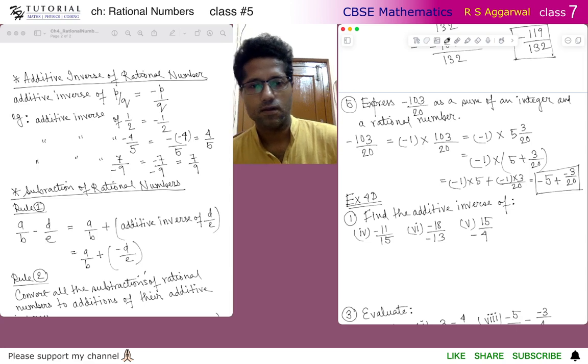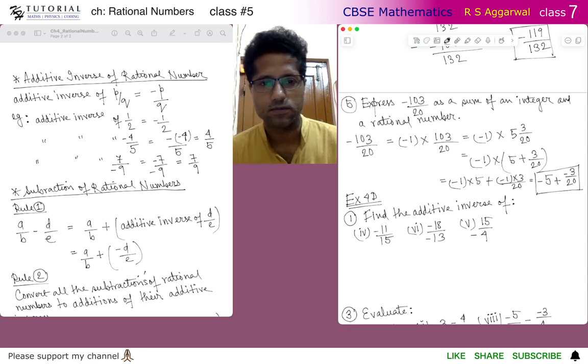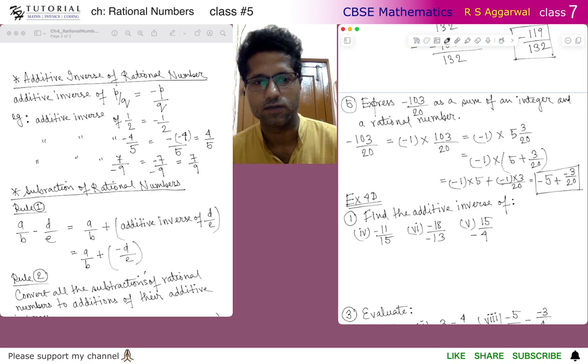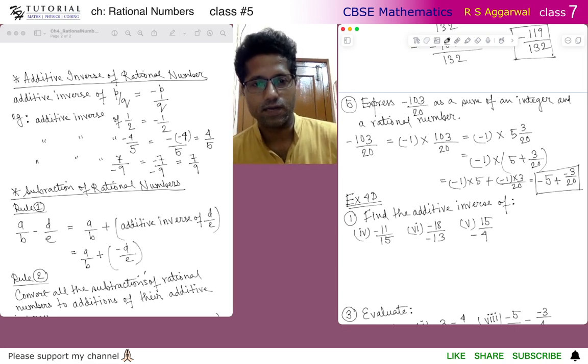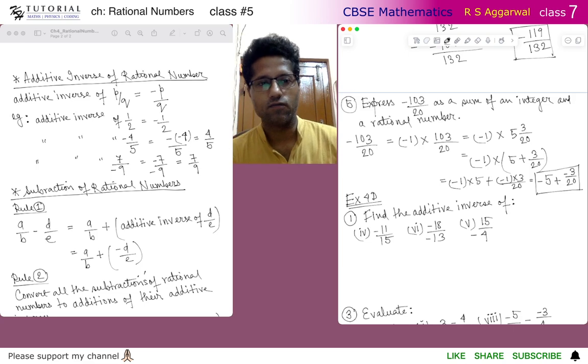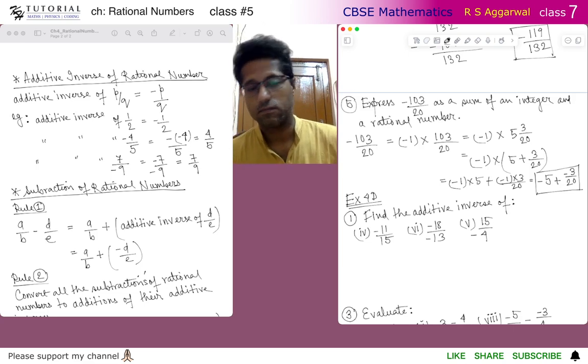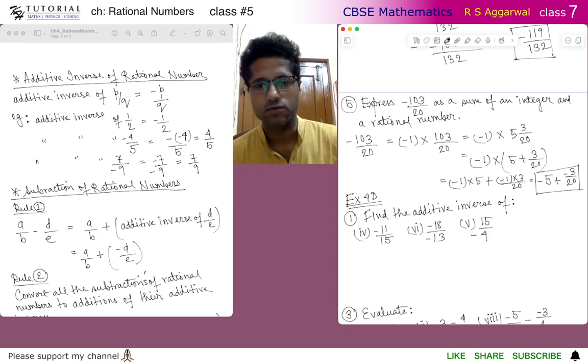For example, the additive inverse of half is you just negate the numerator, that is minus 1 by 2, that is minus half. Similarly, the additive inverse of minus 4 by 5: by negate I mean change the sign. To find the additive inverse of a number a, the additive inverse of a is minus a.